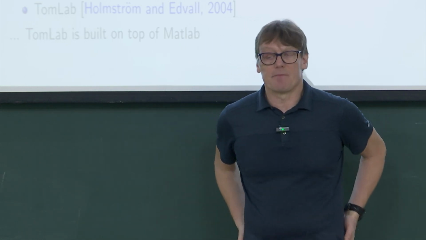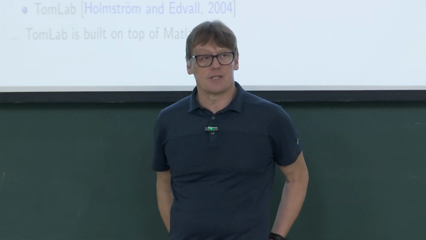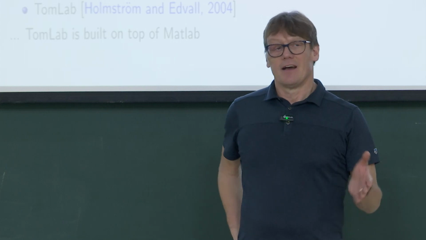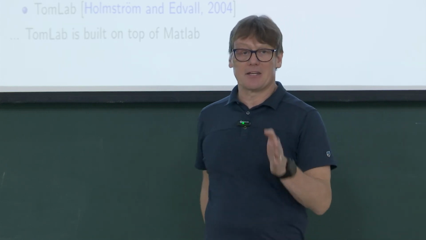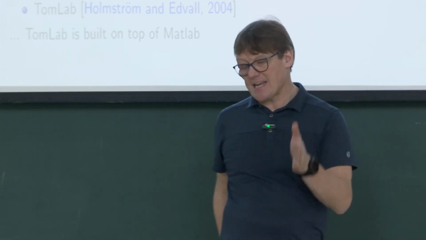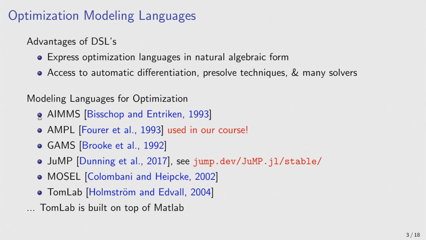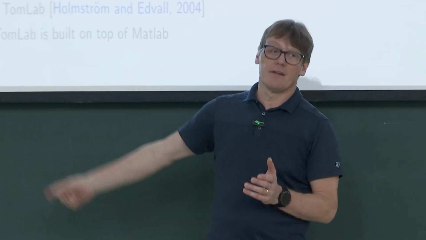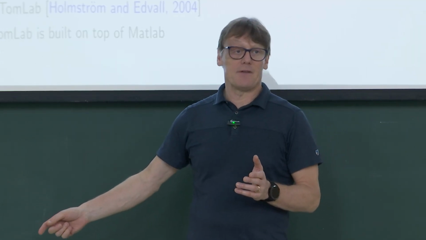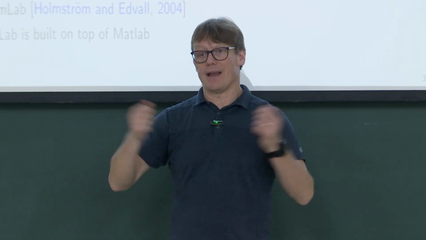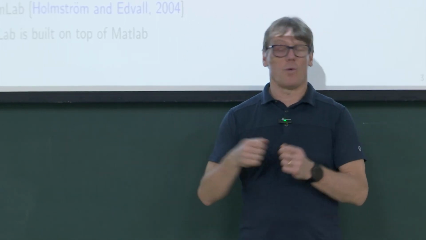You have access to something called automatic differentiation, which is a technique that computes exact gradients, or gradients that are exact to within unit round-off error, at a cost that's proportional to about 3 times the function evaluation. So if you think about this for a moment, you could have a function of 1 million variables, and if you did finite differences, you would have to evaluate this function 1,000,001 times to get all the gradients.